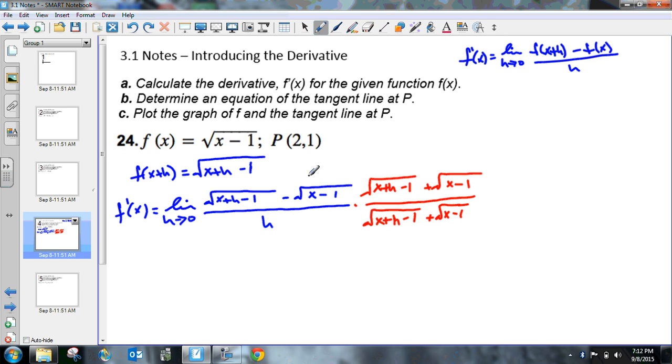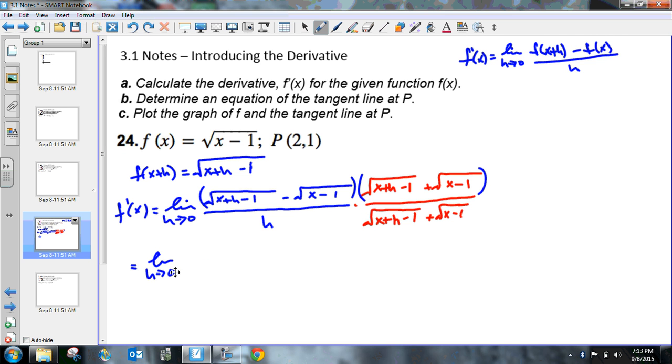All right, so now when I multiply my numerators, remember that these are quantities. This is a quantity, and this is a quantity, and this is the difference of squares. Okay, so I'm going to get the limit as h approaches 0 of this quantity.